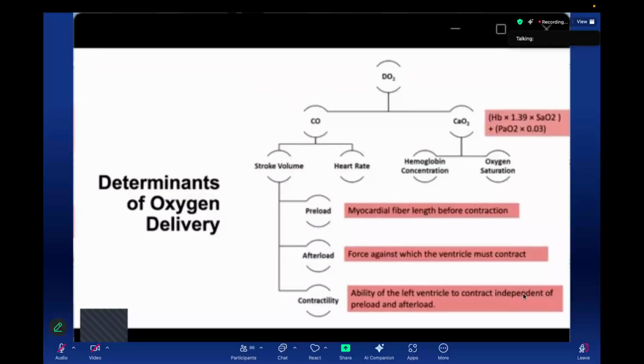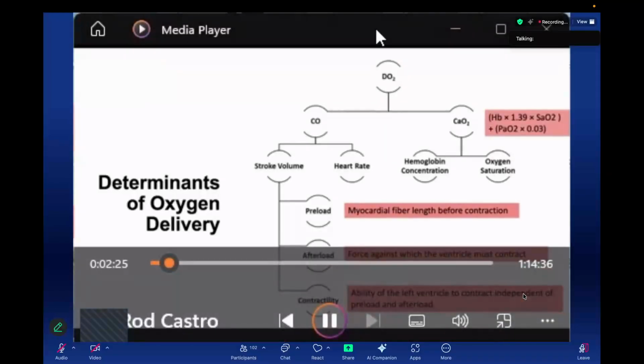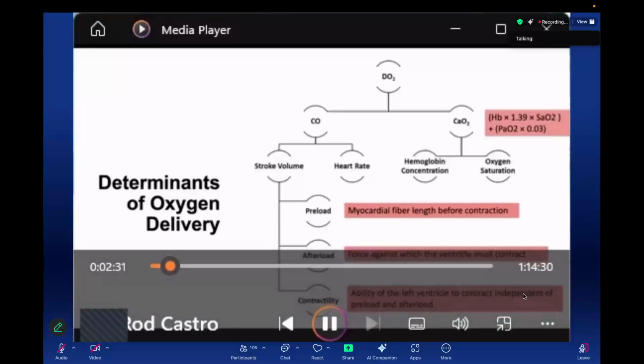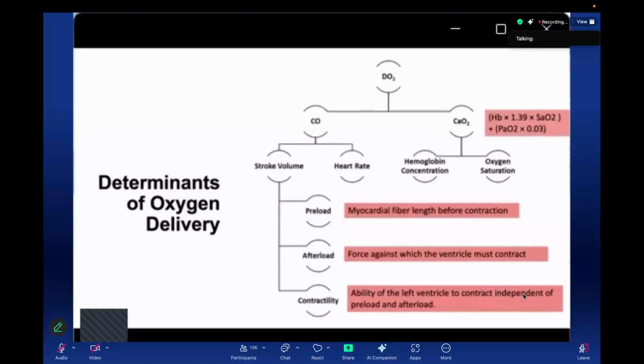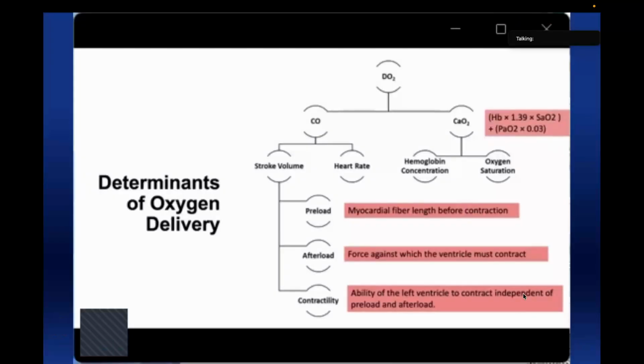Here is a simple illustration of how your oxygen delivery to the different tissues can be examined. Oxygen delivery is affected by two factors: your cardiac output and your arterial oxygen content. It is actually the product of your cardiac output and your arterial oxygen content.